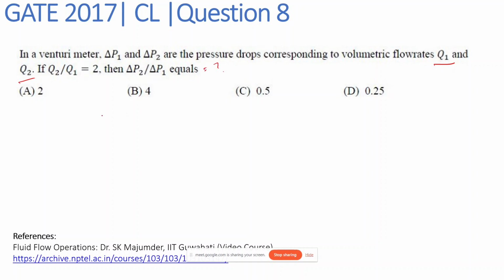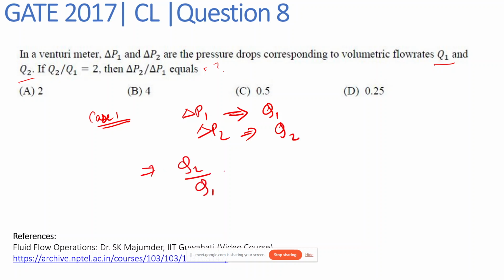So here we have been given two scenarios. If delta P1 is the pressure drop, then the corresponding volumetric flow rate is Q1. And if delta P2 is the pressure drop, then the corresponding volumetric flow rate is Q2. We have been given that Q2 upon Q1 is equal to 2, and we have been asked to find delta P2 upon delta P1.